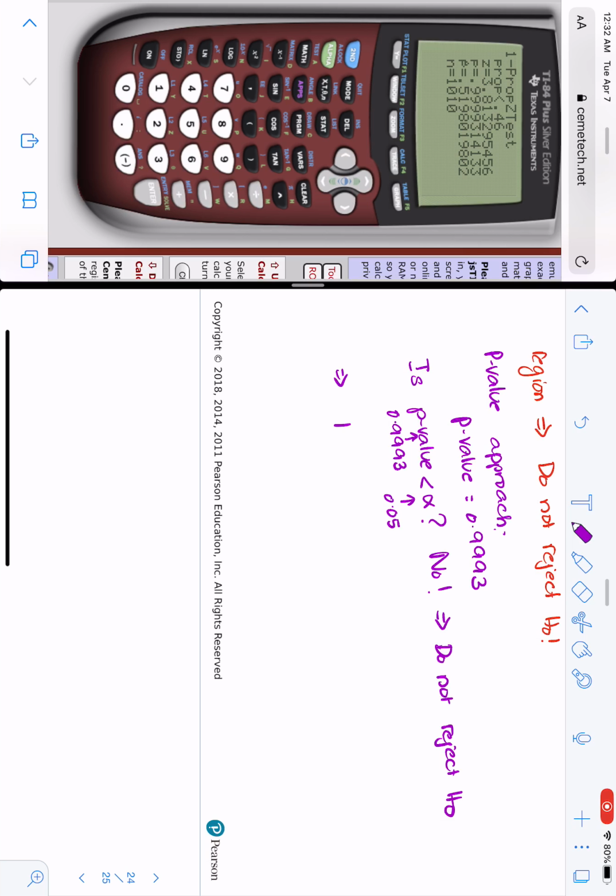which would imply, of the two statements, we are going to not reject the null. So not rejecting the null would simply mean there is no evidence toward the alternative, which makes perfect sense.